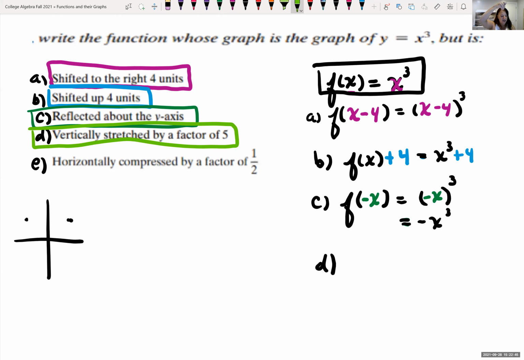That means that my y values are growing at a faster rate. And so I'm going to multiply my y value by 5, and I'm going to put this outside. So this would be 5 times my f of x value. Again, f of x is equal to x cubed, so this would be 5 times x cubed.